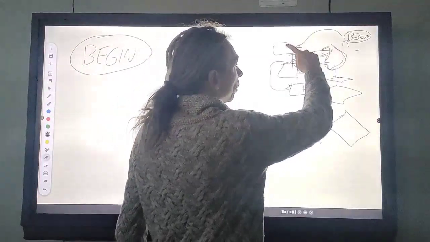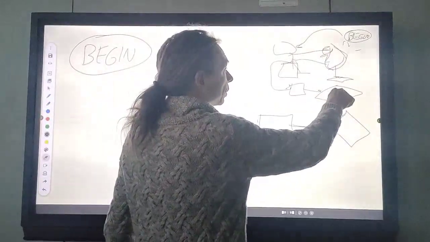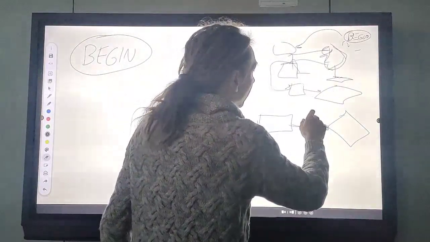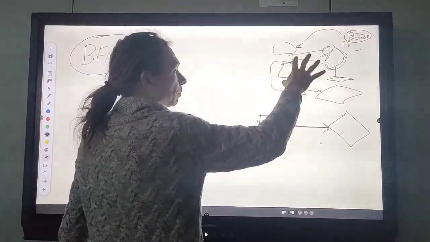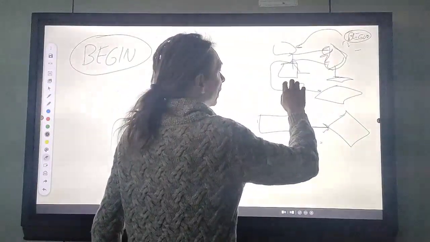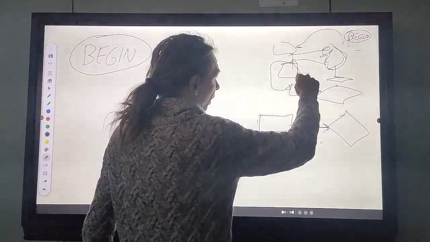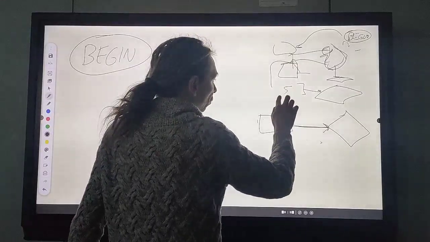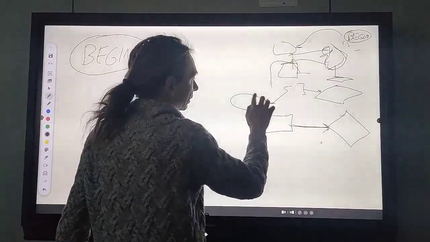So following all the routes through the algorithm, it's sure that in a way or another, I have to arrive at an end.